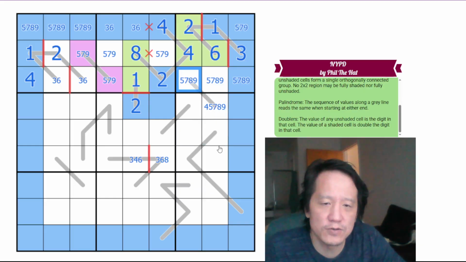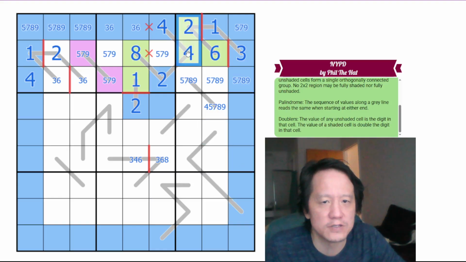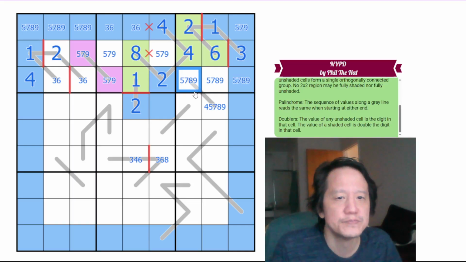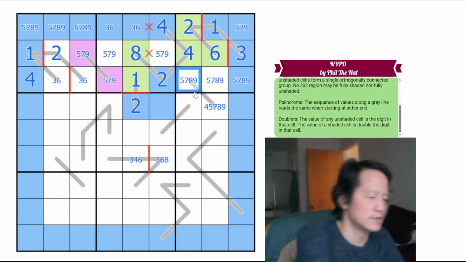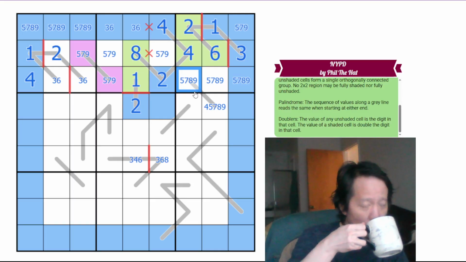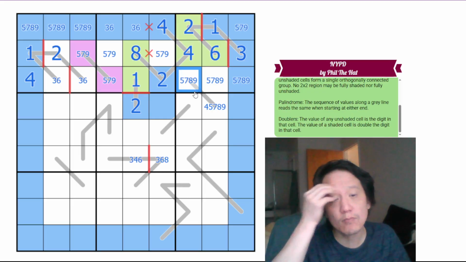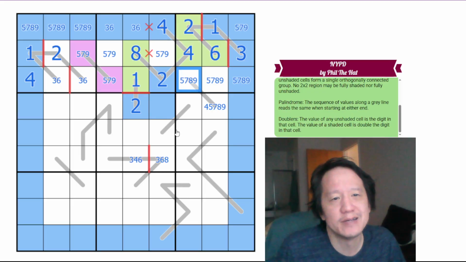So far, it seems okay. This then has to be double of the other one. Well, it doesn't have to. It could be the same as long as it's 2 or 4. Or the 8, possibly. Hmm. I mean, that seems fine.